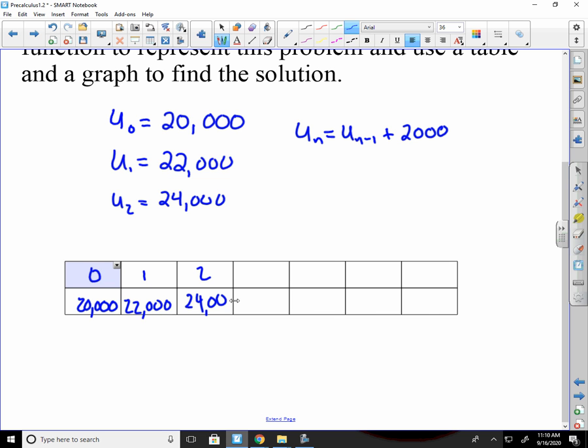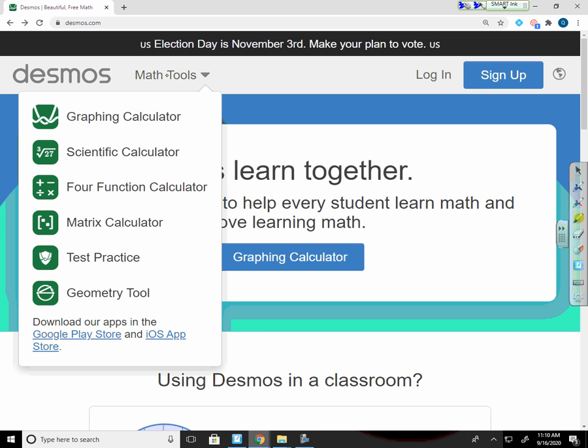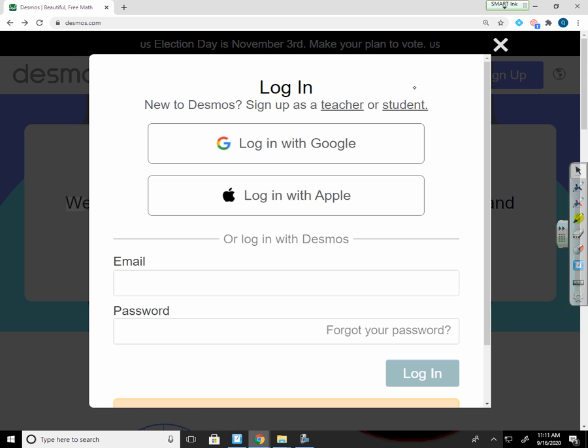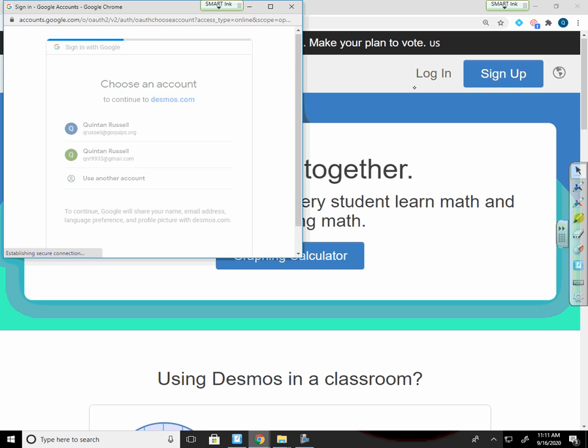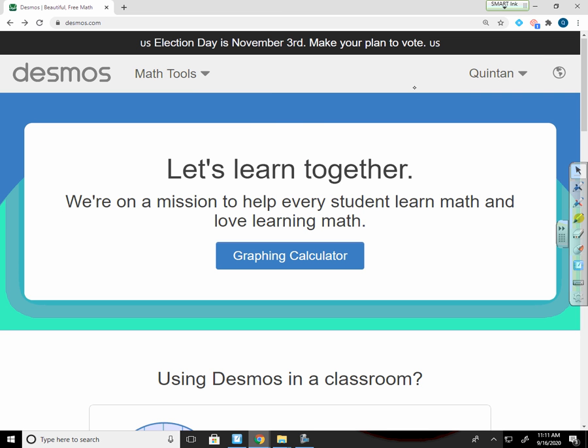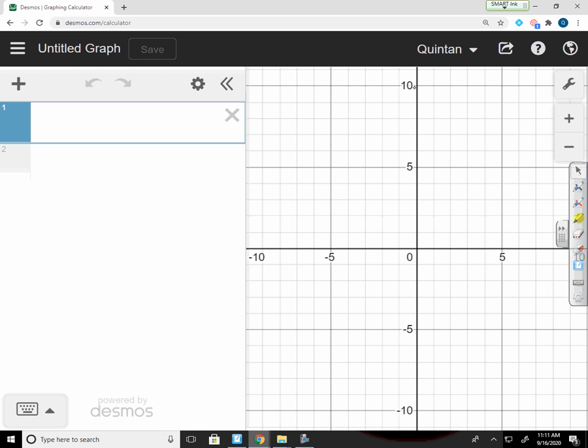And now I'm going to go into Desmos and put those values in. If you actually log into your Desmos, like create a free account, log in, it's going to make it nice because you're going to be able to go into the graphing calculator.